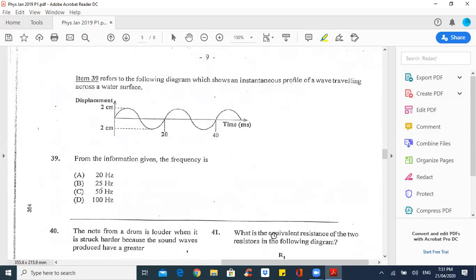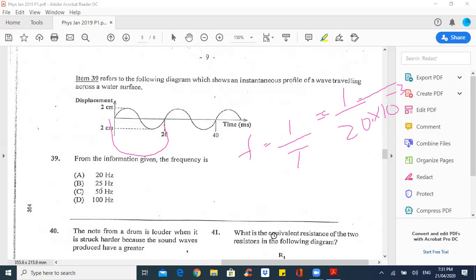The period is 20 milliseconds, and mind you, it is milli, so you're going to multiply by 10 to the power minus 3. So frequency is 1 over your period, 1 over 20 times 10 to the minus 3. You should get 50. Your answer is 50 hertz. So it should be C. 39 is C.